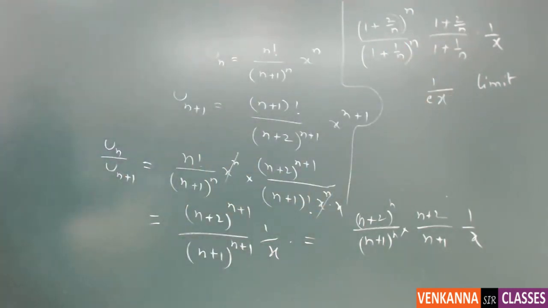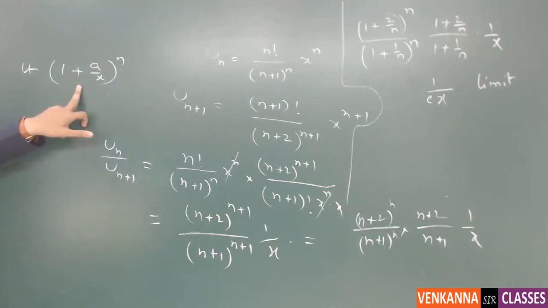Do you agree for the limit portion? Right? So if you apply limit, how do we take? This will be 1, isn't it? Or you have a different value? Right?